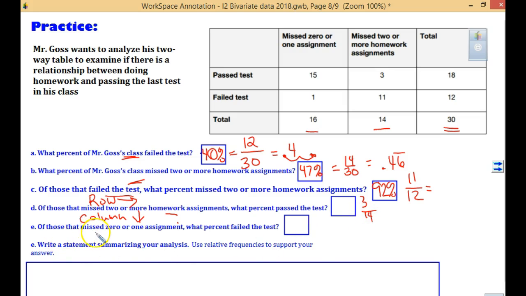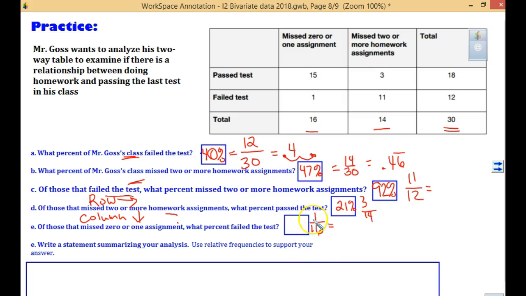The next one is asking us those that missed 0 to 1 assignment, which means we want to divide by the total that missed, which is 16. And it said what percent failed that test. So we're taking 1 and dividing it by 16. So do these last 2 on your calculator, and we're going to look at those 2. So we have 21% for 3 divided by 14.